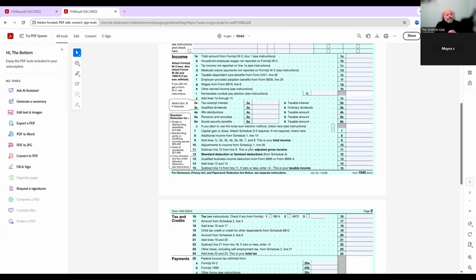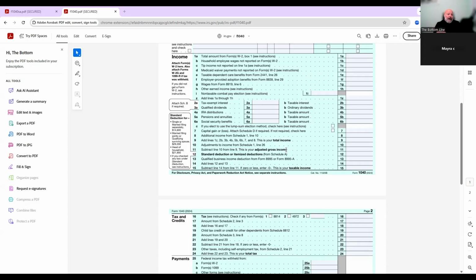And then after the adjustments we get our adjusted gross income, and that's where we take that number times 7.5% of your AGI. Over that will be your healthcare medical deductions on your Schedule A. So you can take either those Schedule A deductions, or you can take a standard deduction.